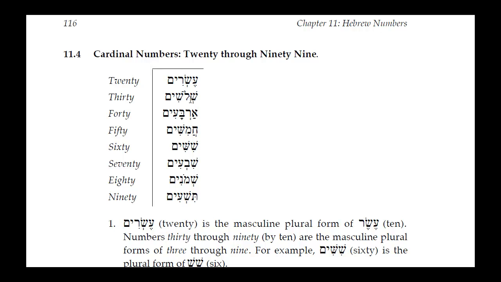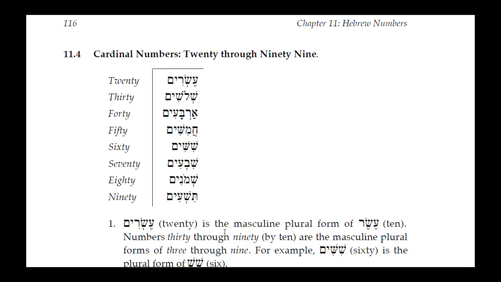Shalosh is 3, and then 20 here is Esrim. It's like 10, it's multiple tens. Chamishim is 5 with the masculine plural, which is 50. Shishim, 6, same thing, 60. Shivim, 7 with the Hirik Yod Mem Sofit, 70. And Shemonim, which is 80. And Tish'im, which is 90.